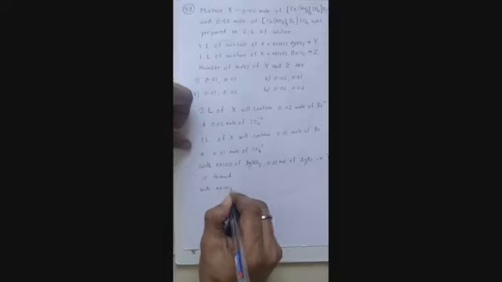And with excess of BaCl2, again 0.01 mole of what will be formed? BaSO4. Correct or not? And this is your Z is formed. Correct? So your answer is 0.01 mole and 0.01 mole. This is your answer. The first option is your answer.